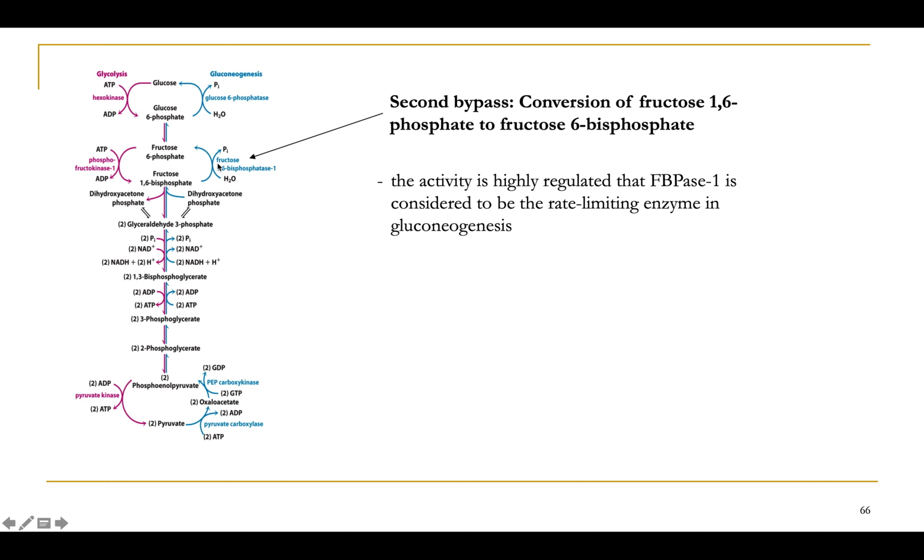But to hydrolyze it back, it is using an enzyme which is different from the glycolysis pathway.